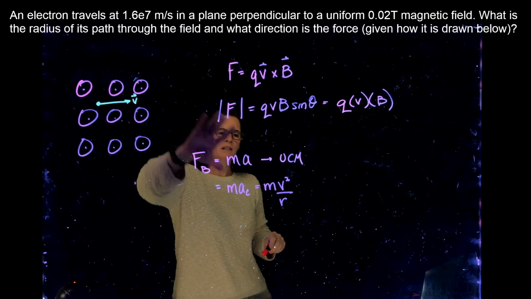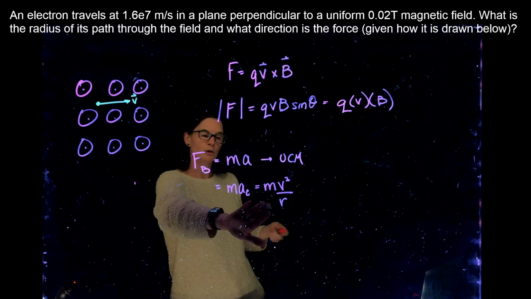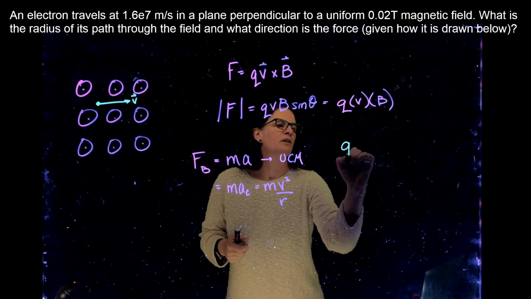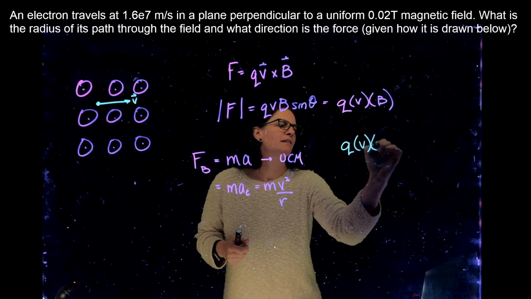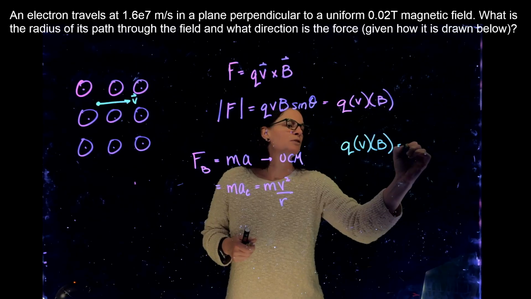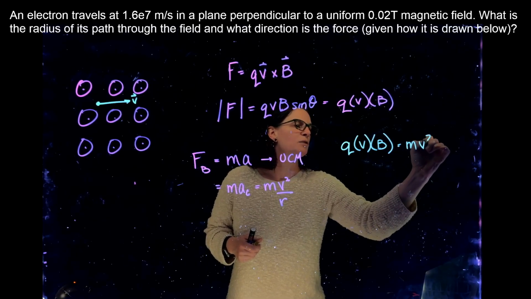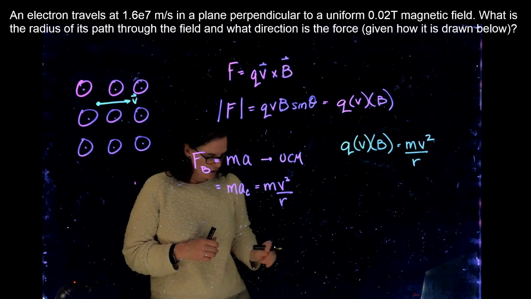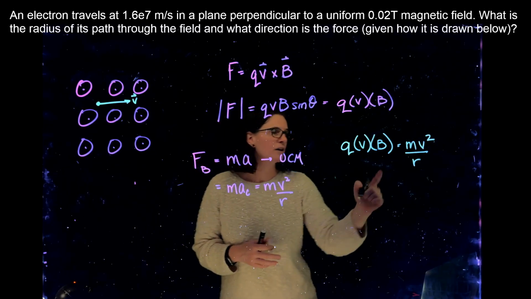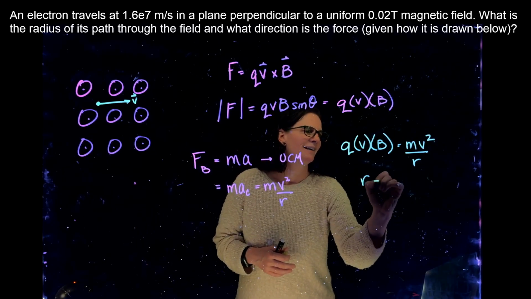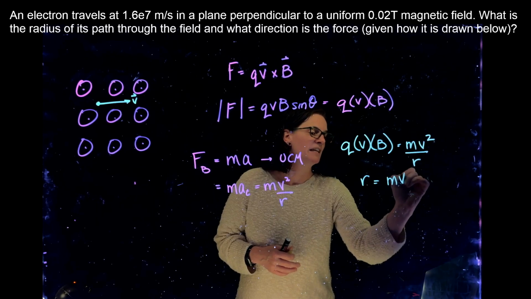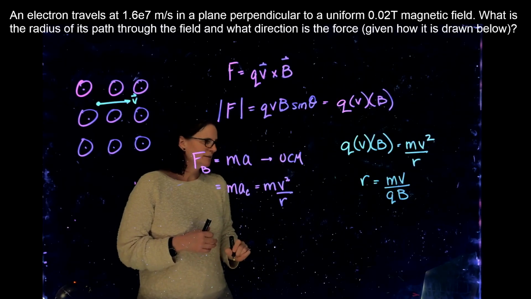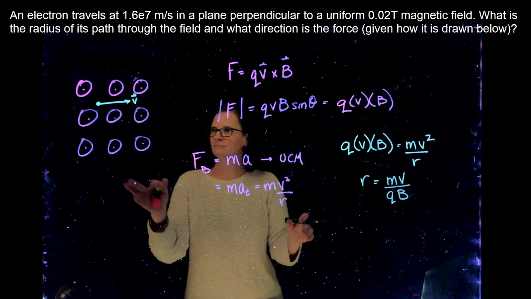So the magnitude of that force is related to its centripetal acceleration, and we end up with q times v times B equal to m v squared over r. And I can solve for r, so r is equal to mv over q times the magnetic field, and then we can plug in our numbers.